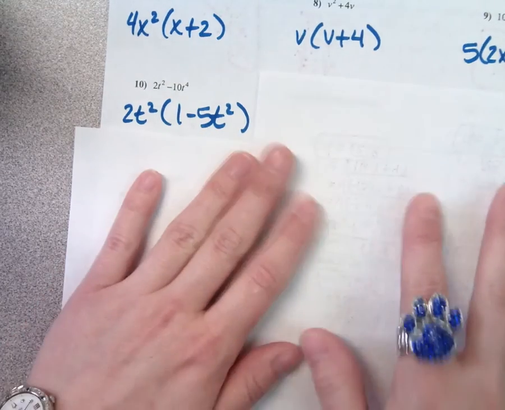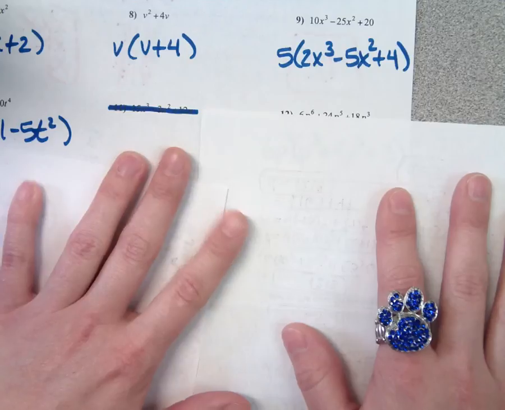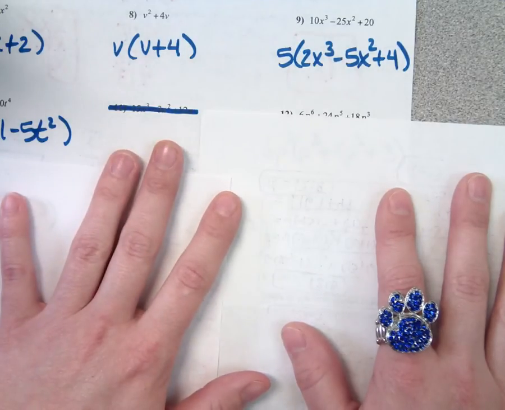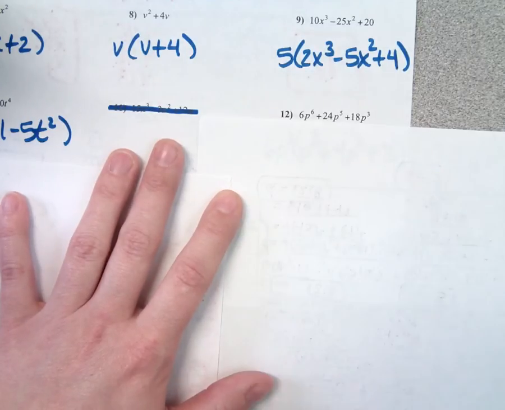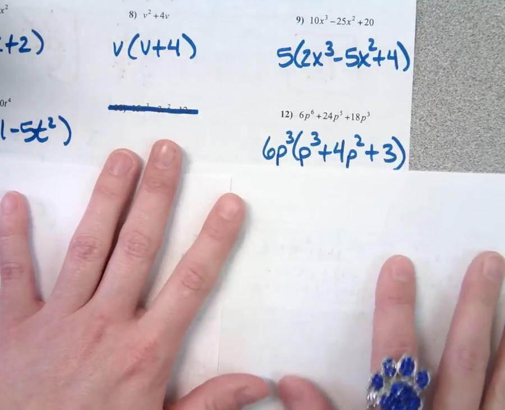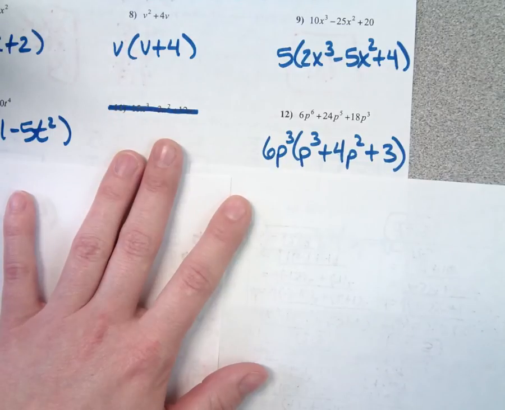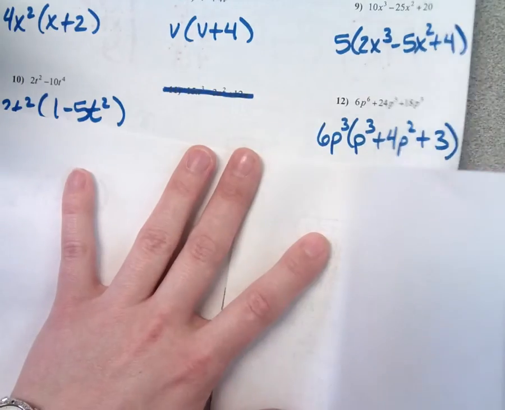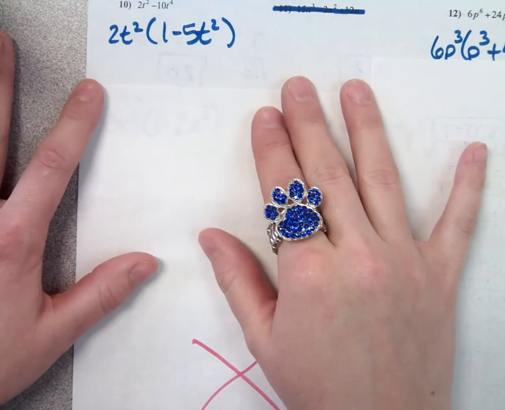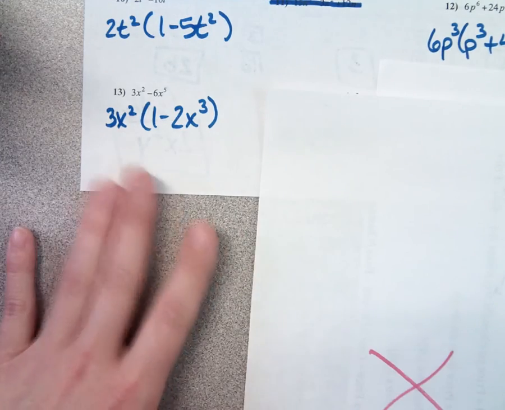Okay. Masha, number 11. Oh, we skipped that one. Number 12. 6p cubed in parentheses p cubed plus 4p squared plus 3. And what was the number you had out at the very beginning in front of your p cubed? 6. Yeah, that's it. So 6p cubed and then parentheses p cubed plus 4p squared plus 3. Nikki, how about number 13? 3x squared parentheses 1 minus 2x cubed. That's it. 3x squared and then in parentheses 1 minus 2x cubed.